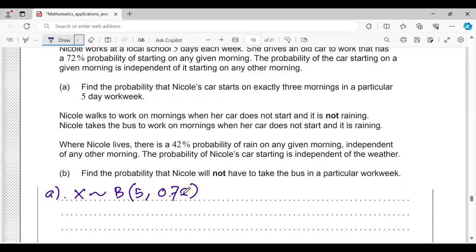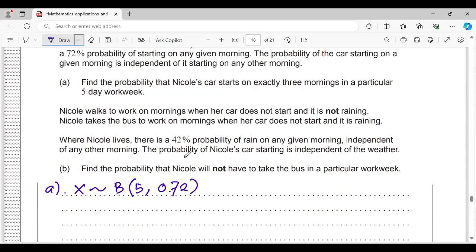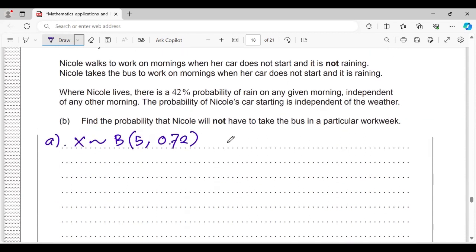Now we're going to find the result. Through this model, you can determine n equals 5. P equals 0.72. Q equals 1 minus 0.72, which is 0.28.